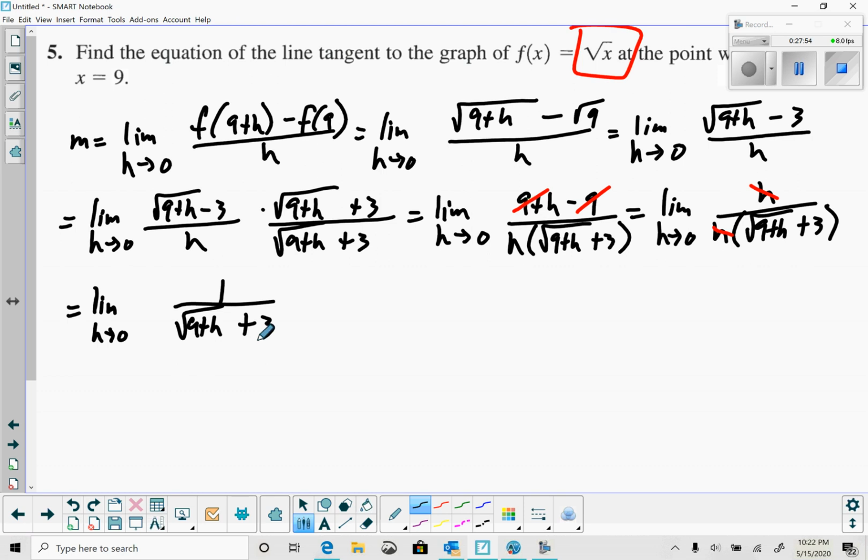If I do substitution now, 9 plus 0 gives me 9. Square root of 9 is 3. So this is 1 over 3 plus 3. That gives me 1/6. Yay, goody, terrific. That's not my answer. That is, again, the slope of the tangent line.